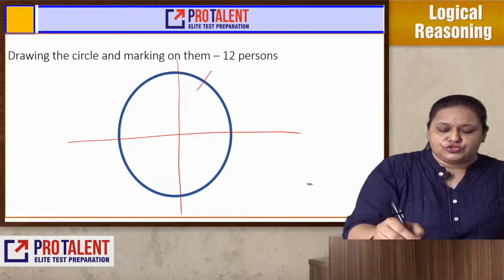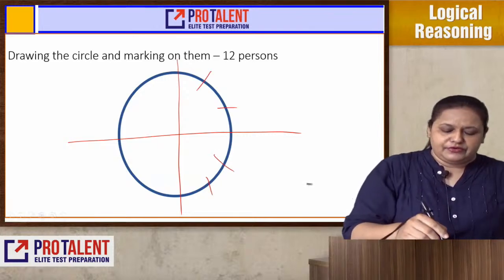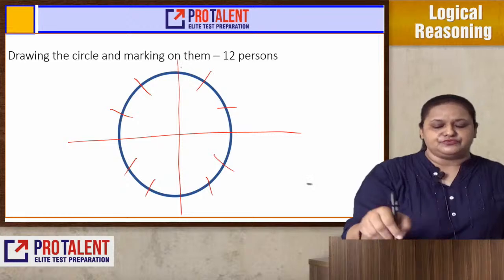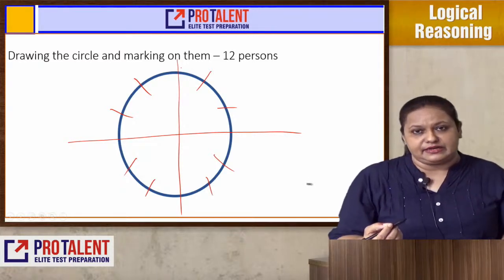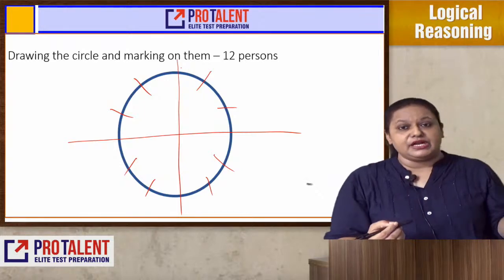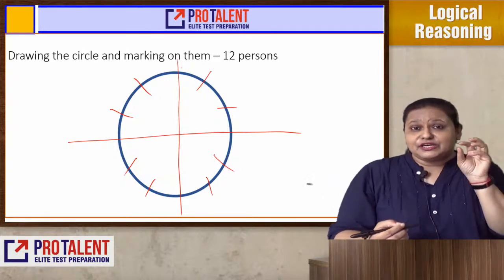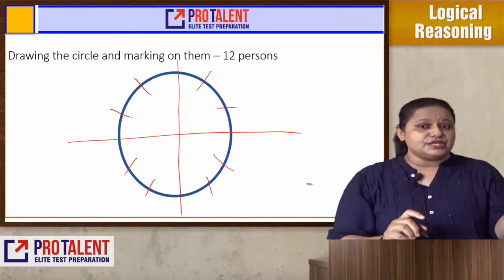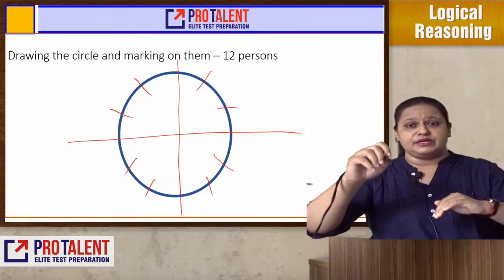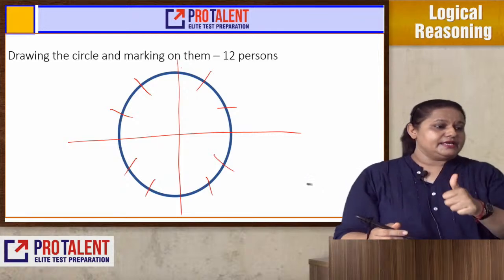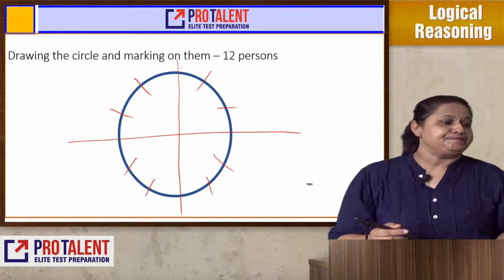So 1 2 3 4 5 6 7 8, and obviously these 4 people on the cross on the plus are there. So this is how very quickly equidistant, so you don't have to worry about it. And this is a must, because when there are 12 people doing all the arrangement, who is opposite to whom, who is left side 3 places, it is very much necessary you go for this thing. Is it clear? Fine.